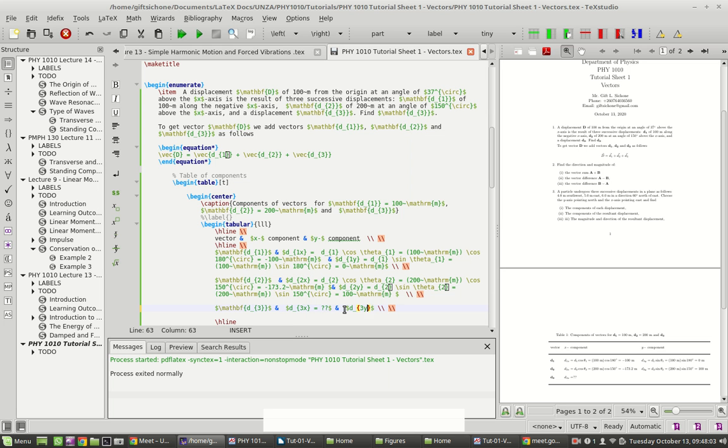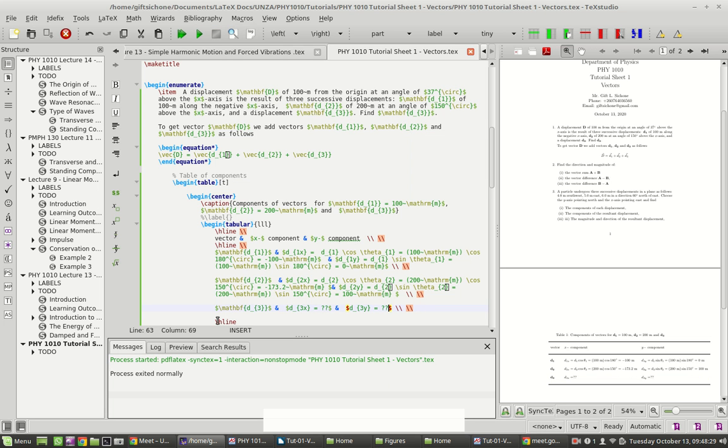Do we know something about D3y? No, again that's a correct answer. It's okay not to know. So if you do not know what the x component of D3 is, you just write D3x, D3y like that. You put some question marks there because that's what you'll be looking for.